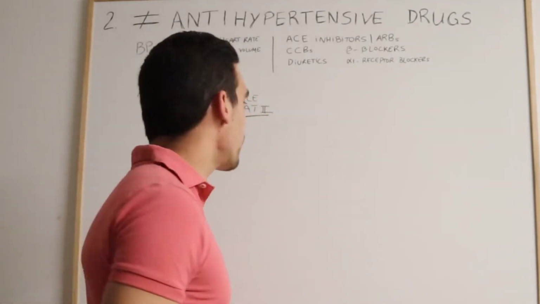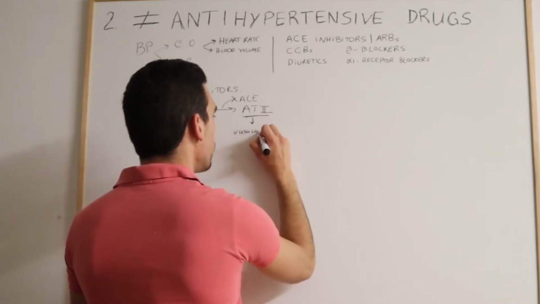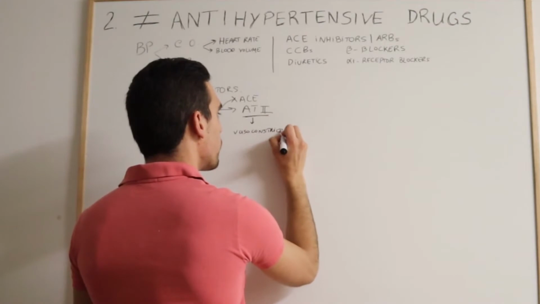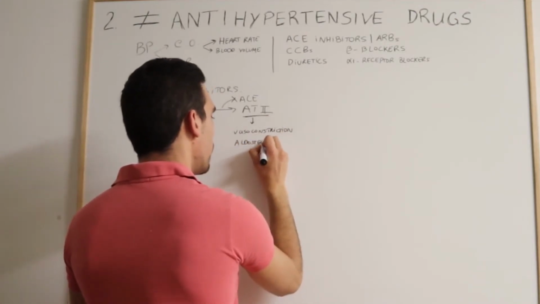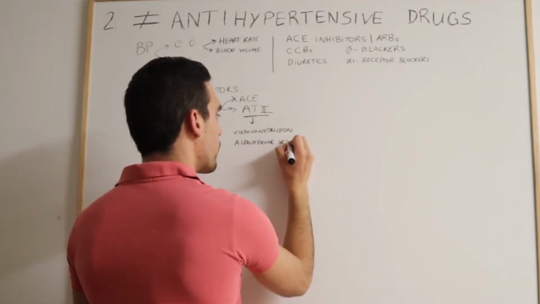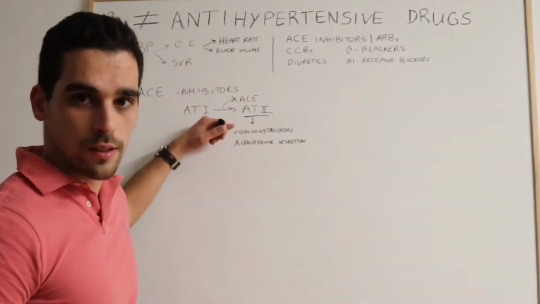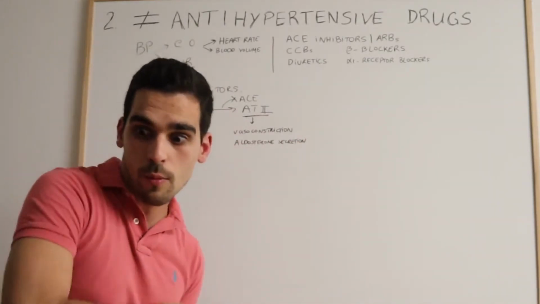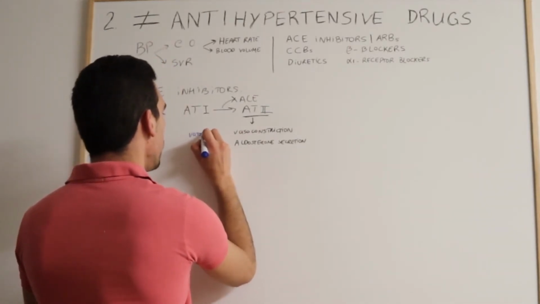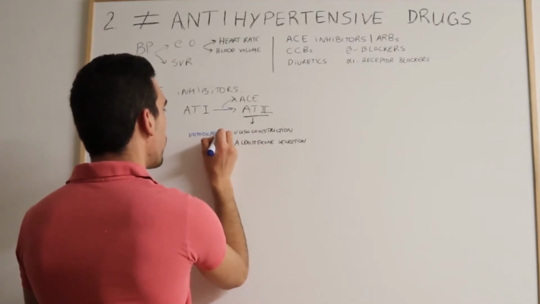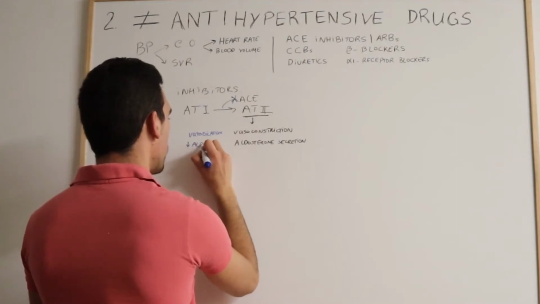As you may know, angiotensin-2 is responsible for vasoconstriction as well as aldosterone secretion. So if we are blocking the effects of angiotensin-2, we'll have the opposite: vasodilation, and also less effect of aldosterone.